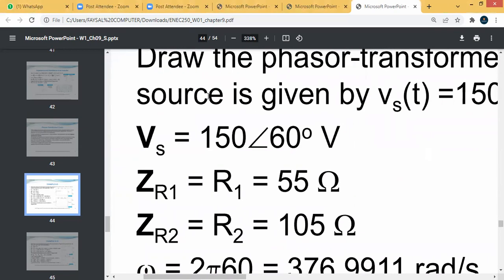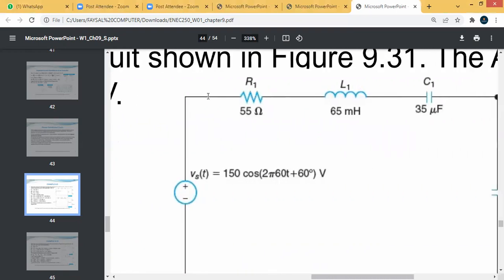As we know, v equals A cos(omega t plus phi). This is the general formula for finding voltage or current.